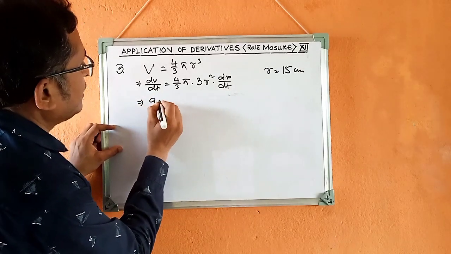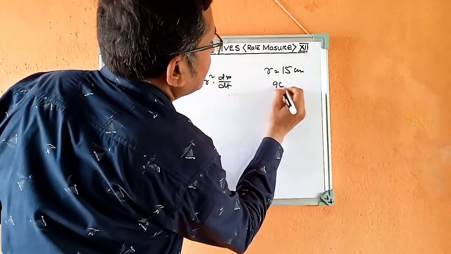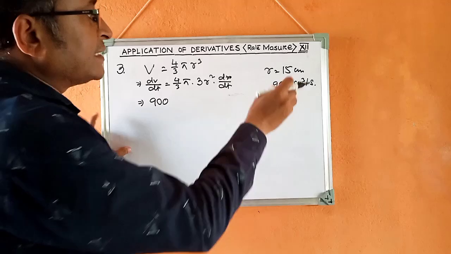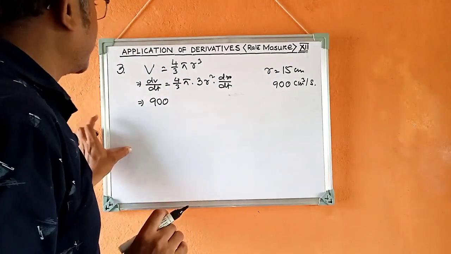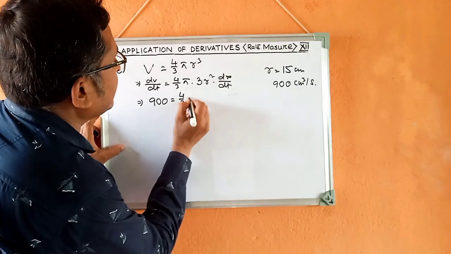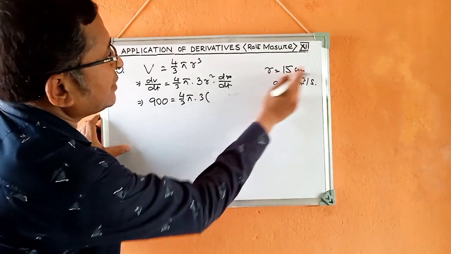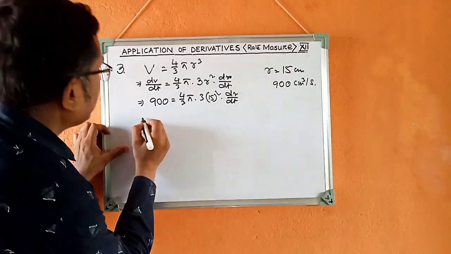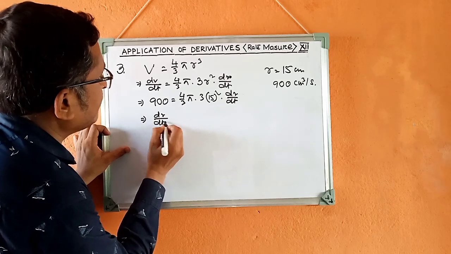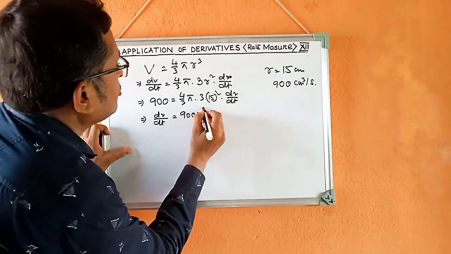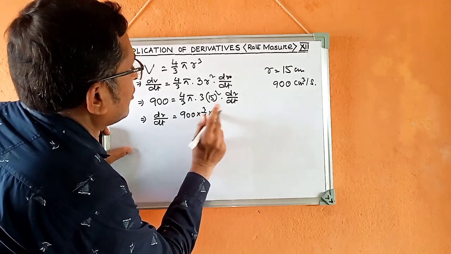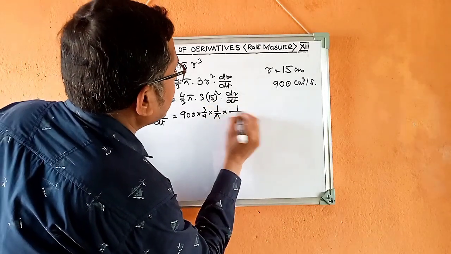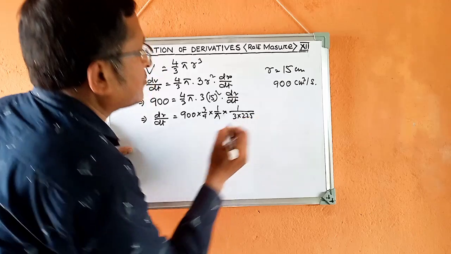Air is pumping into the balloon, 900 cm³ volume of air per second. So 900 = 4/3 π into 3r², where r is 15, so 15 squared, into dr/dt. Now we are required to find dr/dt. So dr/dt = 900 into 3/4 into 1/π into 1/3 into 15², that is 225.